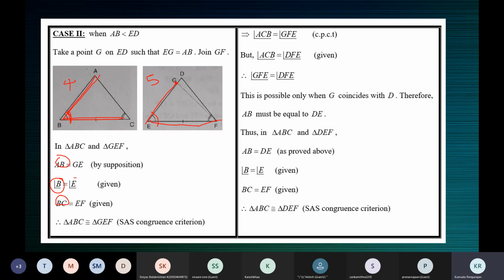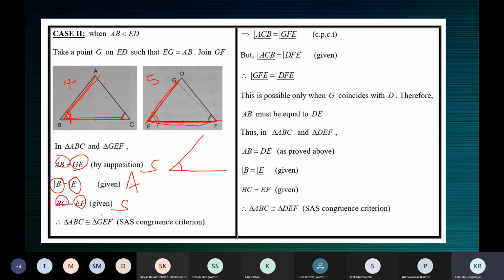Angle E is the included angle, because we have mentioned GE and EF. See here, GE and EF include this angle. So this goes with SAS. By the SAS congruence criterion, the two triangles are congruent to each other.